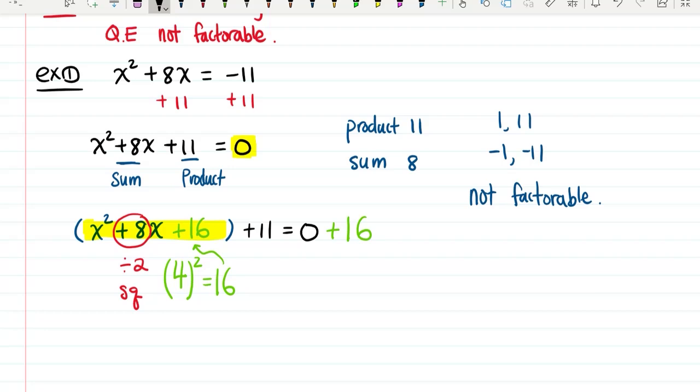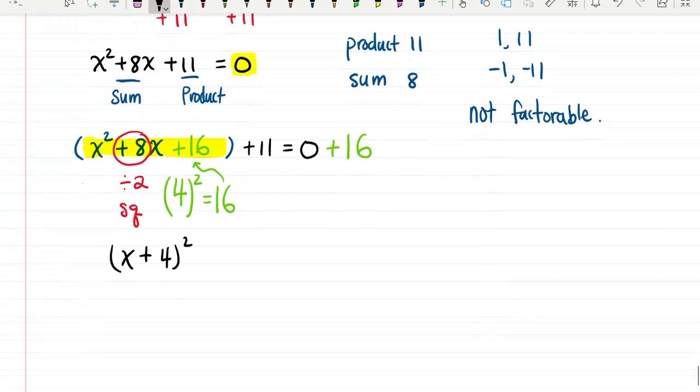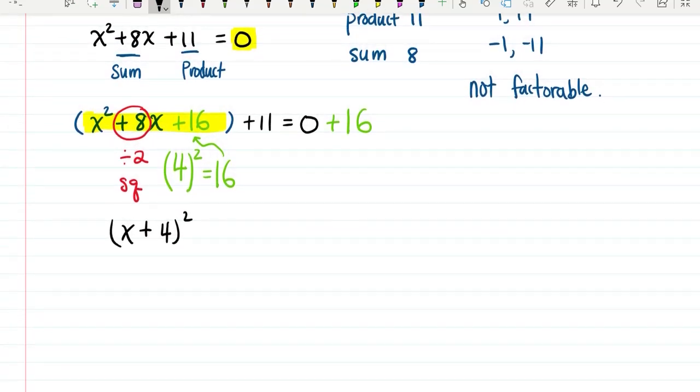Now we factor the inside of the brackets, x squared plus 8x plus 16, which factors as x plus 4 squared. If you need to practice factoring this one, watch the video on trinomial factorization. So we have x plus 4 squared plus 11 equals 16.